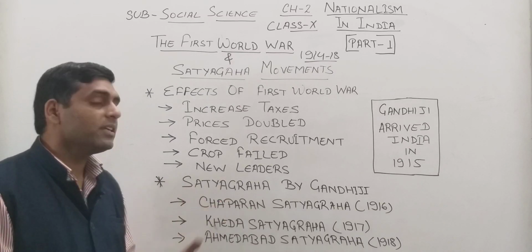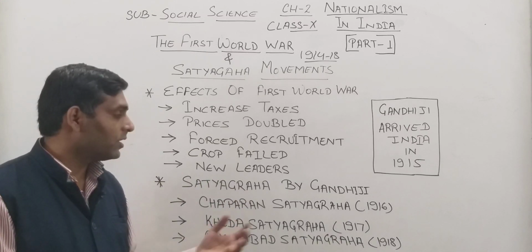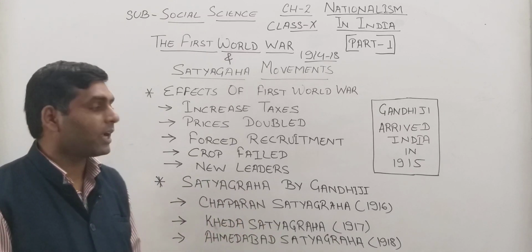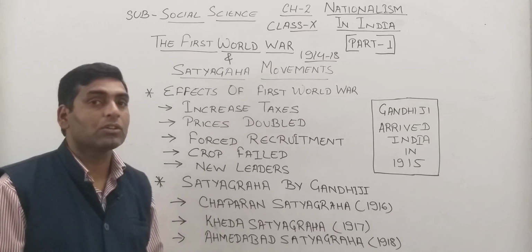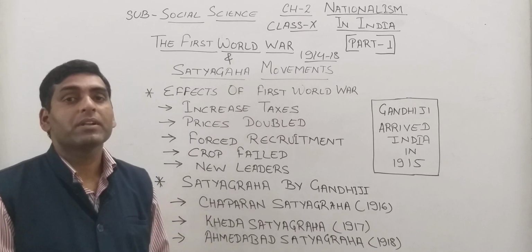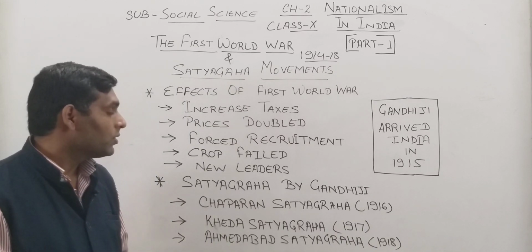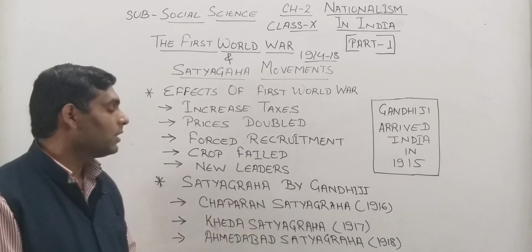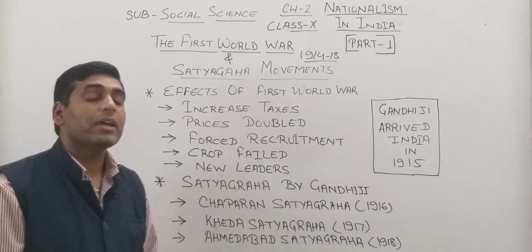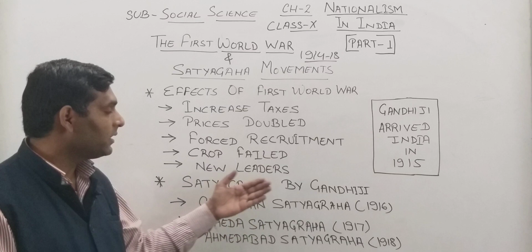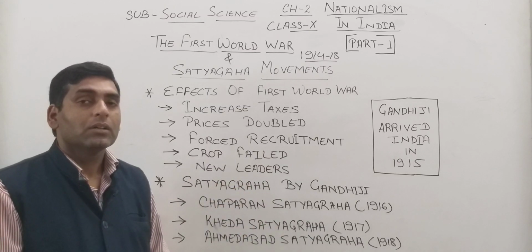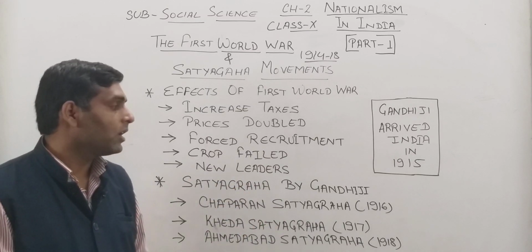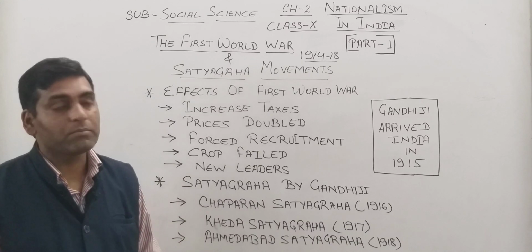For all these reasons, Mahatma Gandhi introduced his third successful satyagraha in 1918 at Ahmedabad, Gujarat, for the betterment of cotton mill workers. These three important satyagrahas, introduced back to back, gave Mahatma Gandhi a very important place in the national freedom struggle.